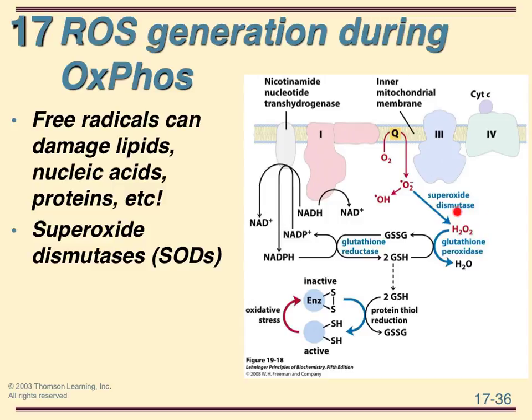Then, likewise, the hydrogen peroxide can actually be converted to water, which of course is good for us. And it does so using our good friend glutathione, which we actually talked about all the way back to last semester, which I'm sure everyone remembers. Glutathione is a small tripeptide, and one of the amino acids of the 3 is a cysteine. And so that free thiol, that cysteine, is actually used for multiple purposes.